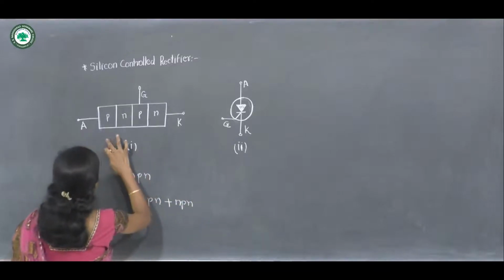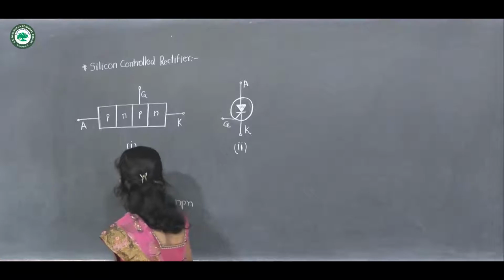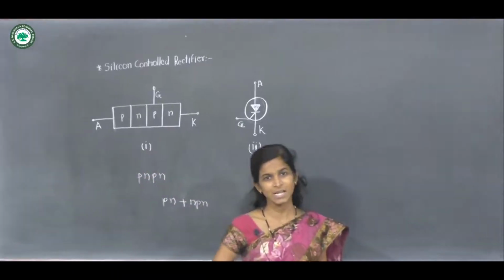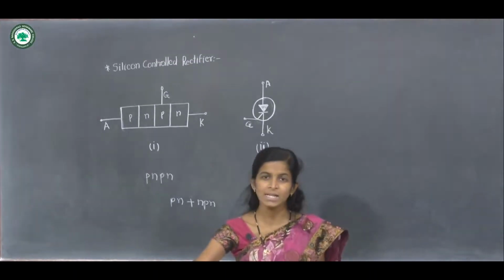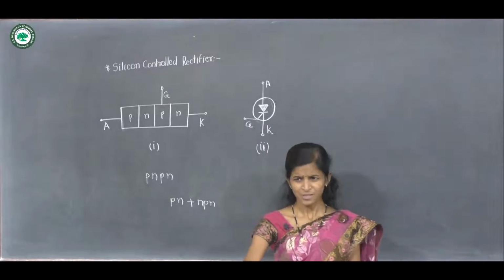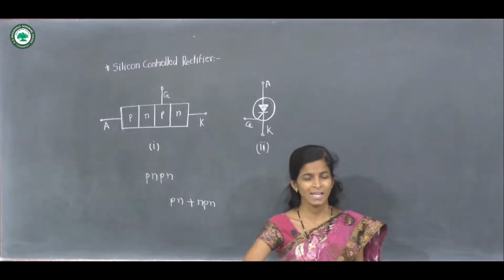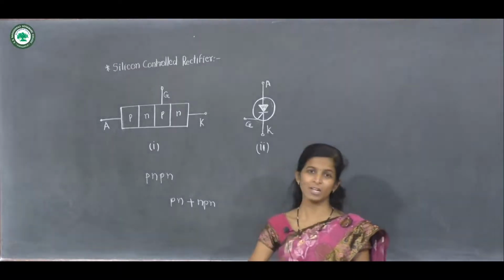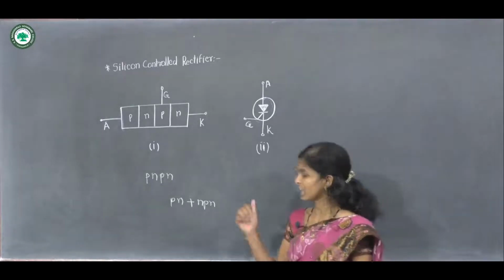It is nothing but the silicon controlled rectifier, and the process of rectification is done by externally the entities like the voltage applied across the anode and cathode or across the gate and cathode terminal.